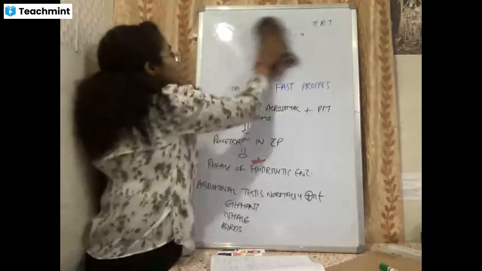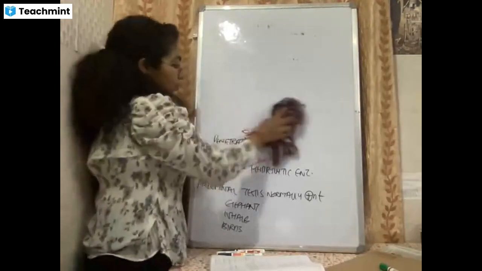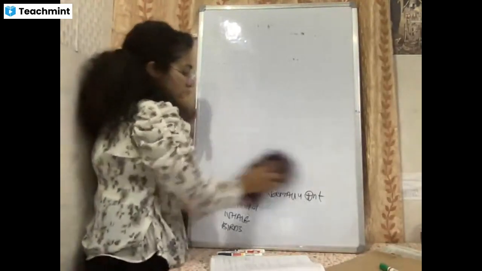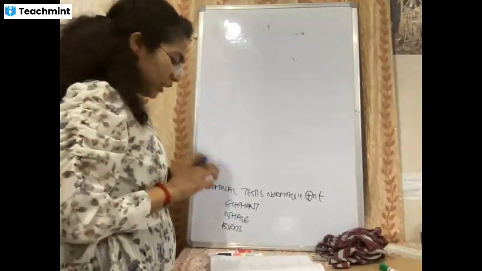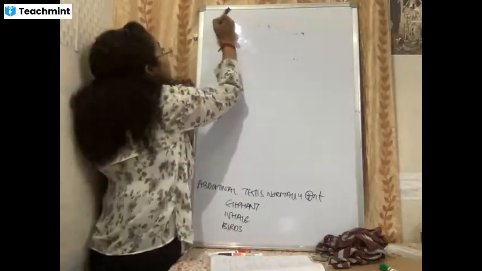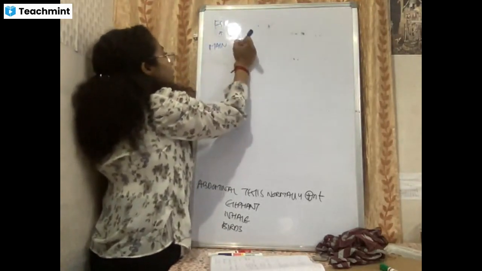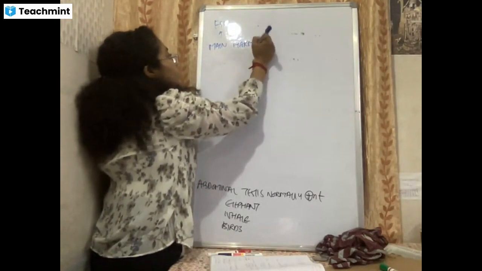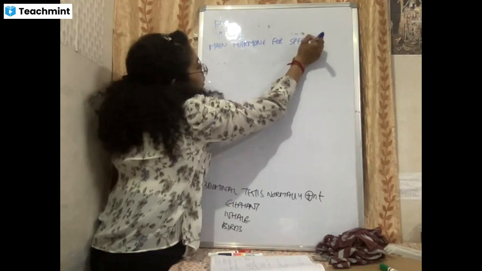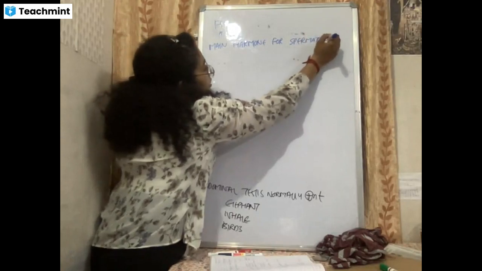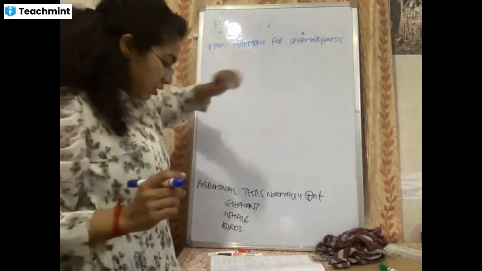Now, which is the main hormone for spermatogenesis? That is FSH. So we'll talk a little about FSH hormone. Firstly, it is the main hormone for spermatogenesis.